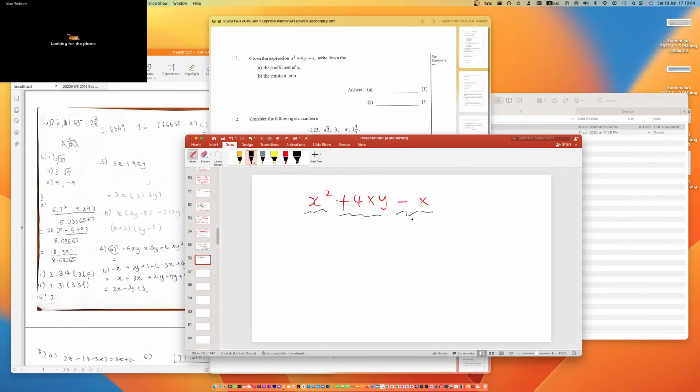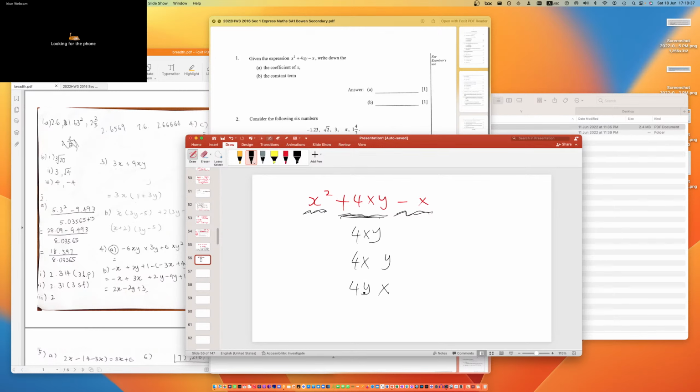But the middle one is a bit ambiguous because they have both the x and y. You can consider this the xy term, or see it as 4x and then split with the y, or you can also see it as 4yx. So it really depends how you look at it.